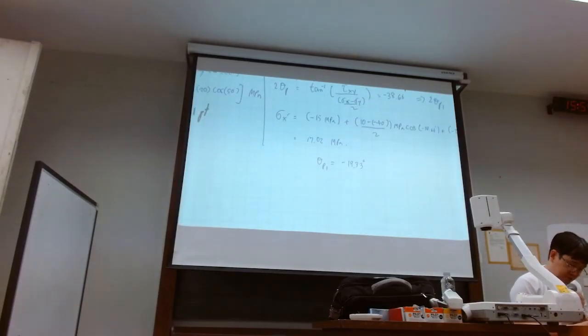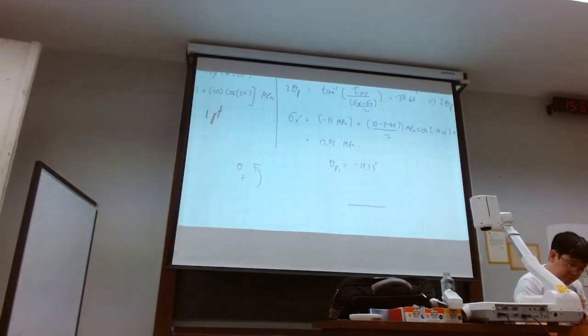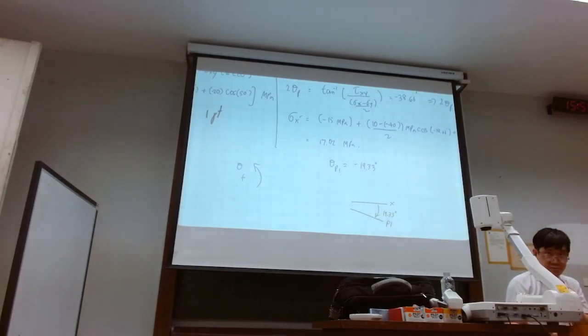Now from here, what does it mean to have a minus? Theta goes positive this way. So having a minus means, if this is your x-axis, you should have the P1 at 19.33 degrees.